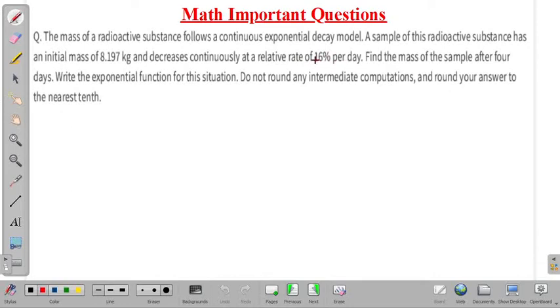So the mass is decaying at 16% per day, and we need to find the mass of the sample after 4 days, and also find the exponential function for the given situation. We do not need to round any intermediate computations; we have to round only the final answers, to the nearest tenth.